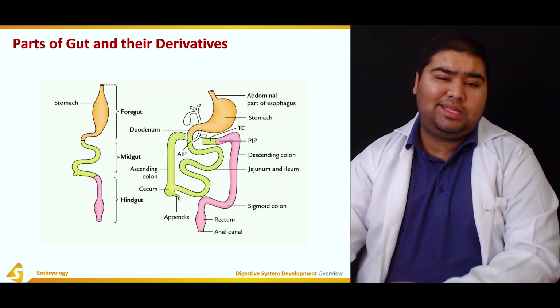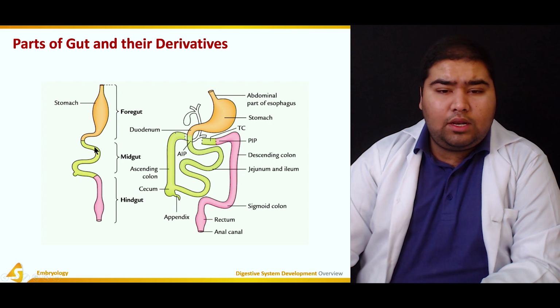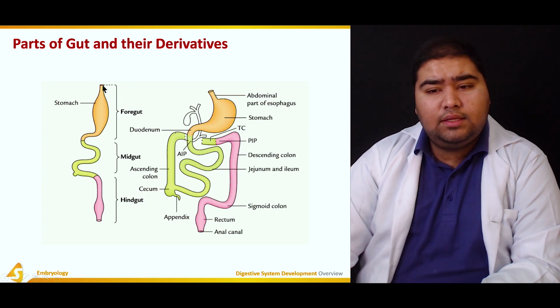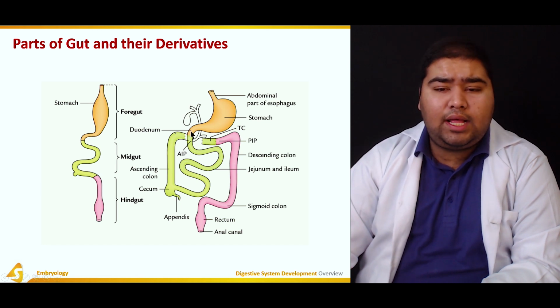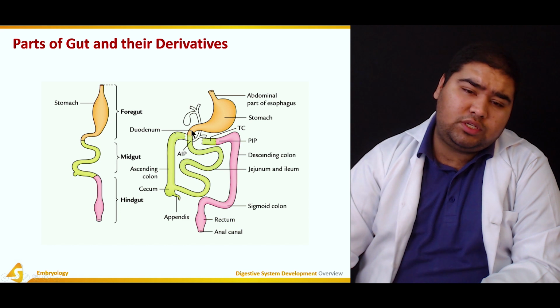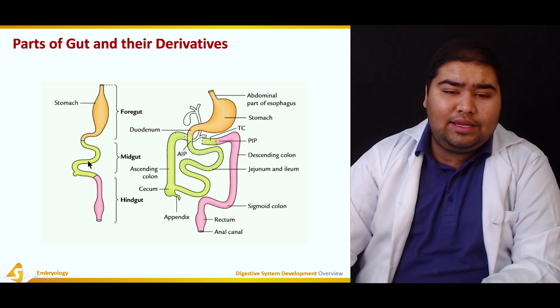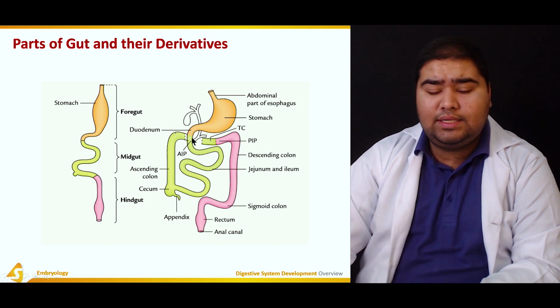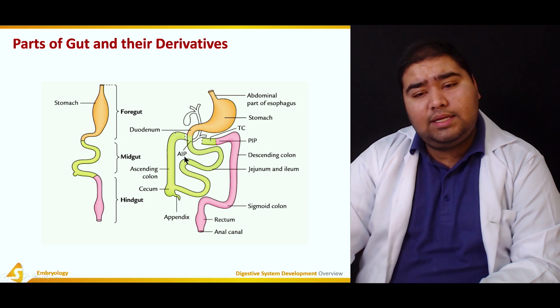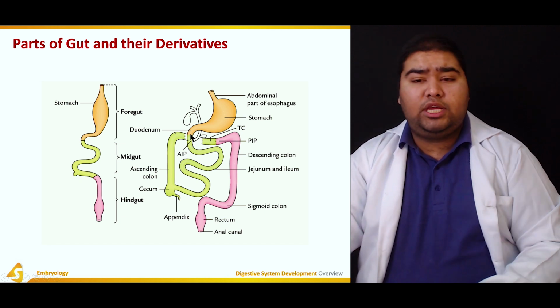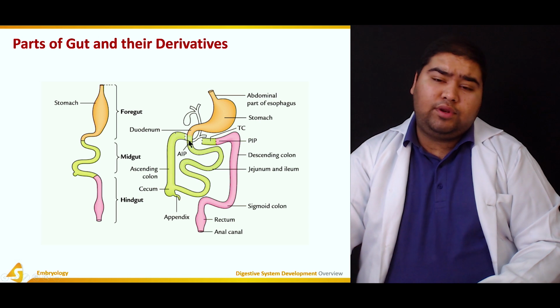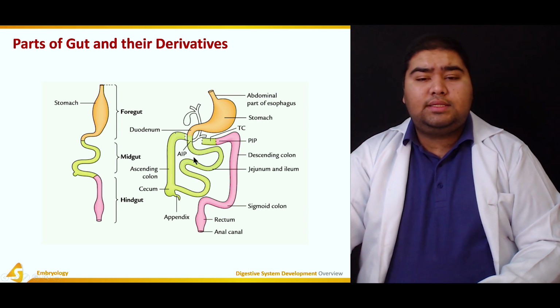Now we'll see this in the figure. This in orange is the foregut. The foregut is forming the abdominal part of the esophagus, then the stomach and the upper half of the duodenum. Then this in green is the midgut. This is the anterior intestinal portal, the junction between the foregut and the midgut.